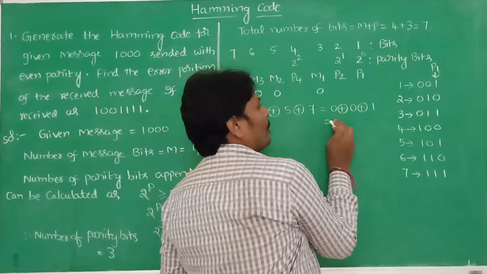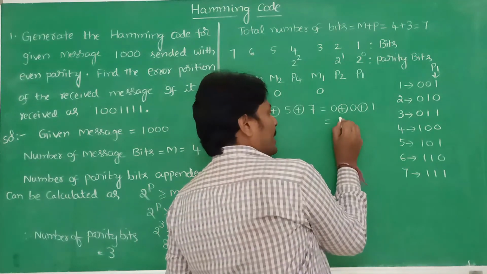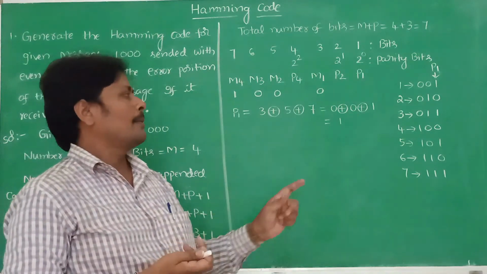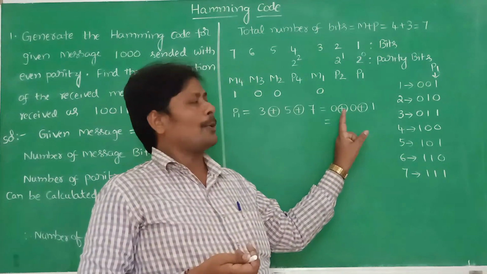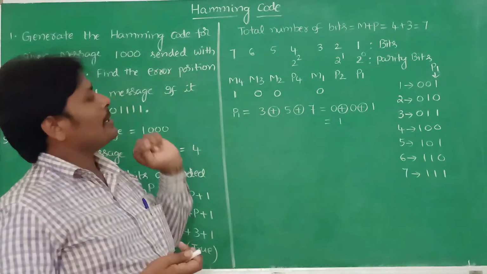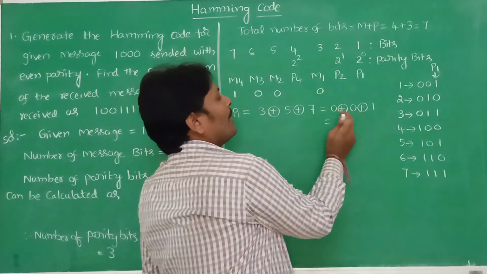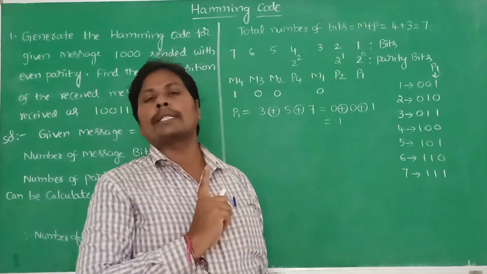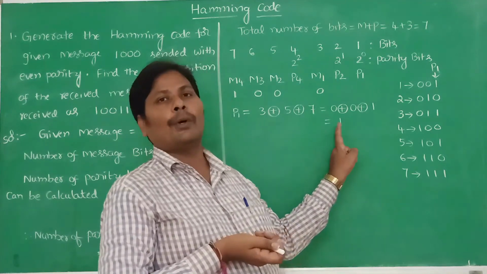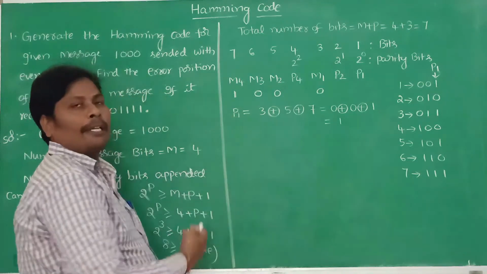So 0 exclusive OR 0 is 0, 0 exclusive OR 1 is 1. Another way is that the message is sent with even parity. Here, how many ones are there? Only a single one. To get even parity, we add 1. This is the parity bit, another way to find the P1 value.